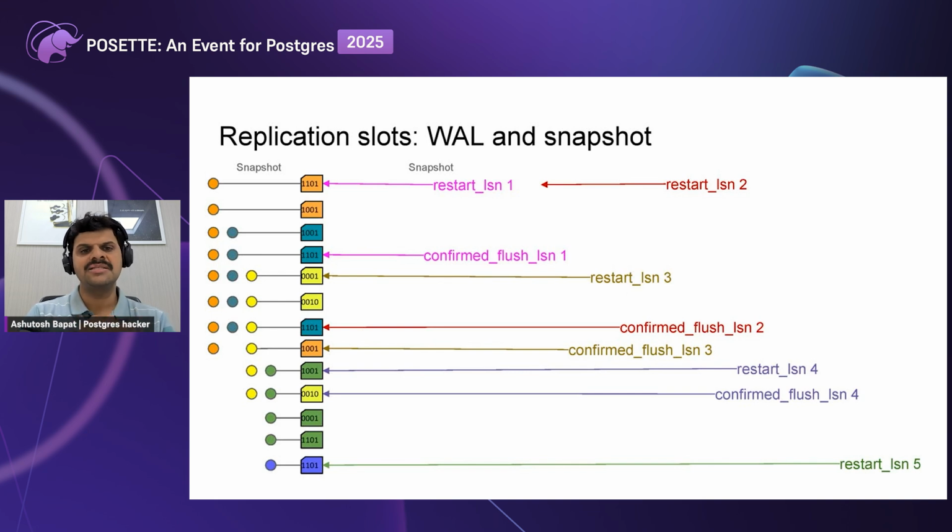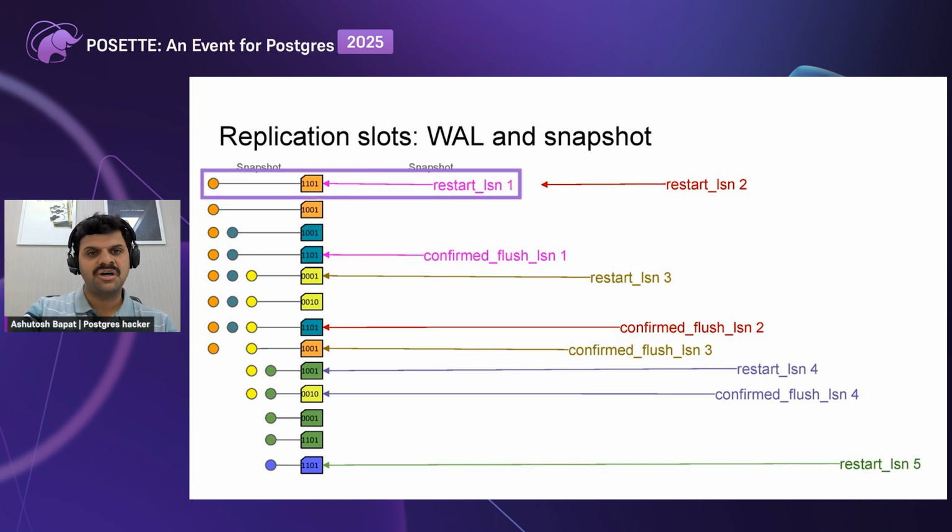Because let's say at this point the WAL sender or WAL receiver stops or crashes, the WAL sender has to start from the beginning of the orange transaction, because we have not sent the commit record yet for the orange transaction, and only the committed transactions really matter. So it has to go back, start from the orange transaction, and then proceed ahead.